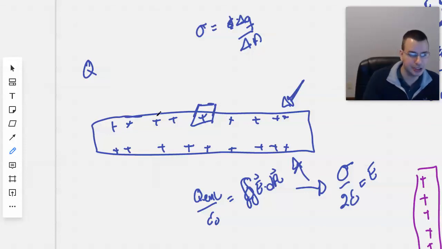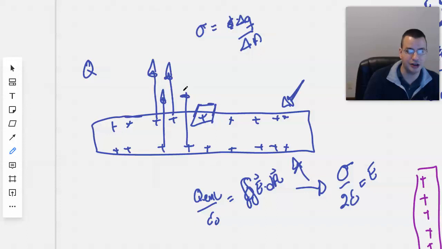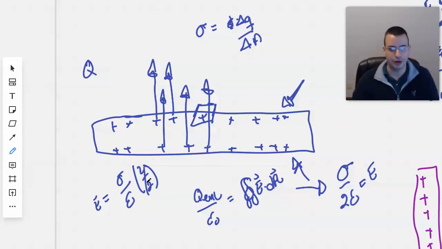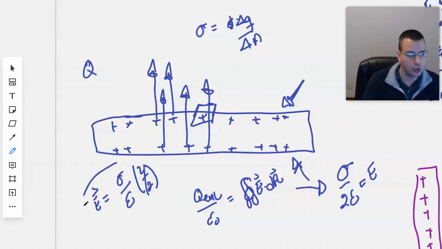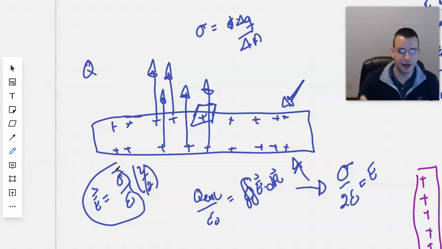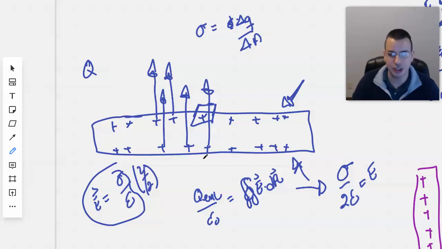So you have the electric field from these charges, then you have the electric field added on from the charges below. And so the electric field equals sigma over epsilon naught, because divided by 2, multiplied by 2, they cancel out. So that is one thing to be careful of: if they say a conductor with a surface charge density, you might have to double your answer, because you're not really talking about one plane.